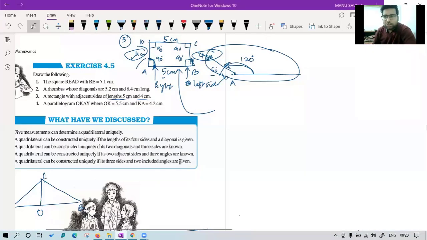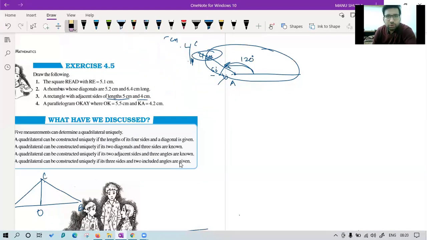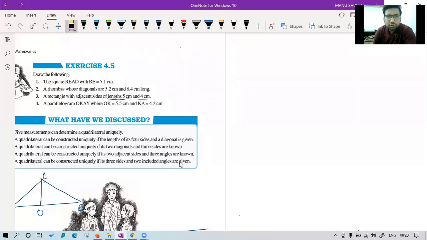Now let's move to the last question of the chapter. Again, read the question first, then I'm starting. So, a parallelogram OKAY where OK is equal to 5.5 centimeters.